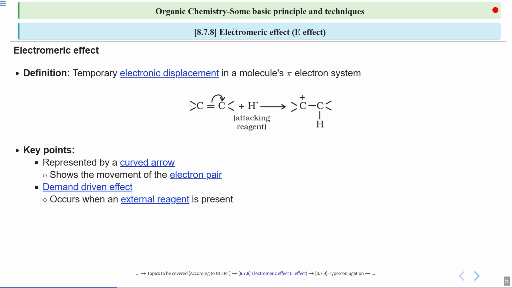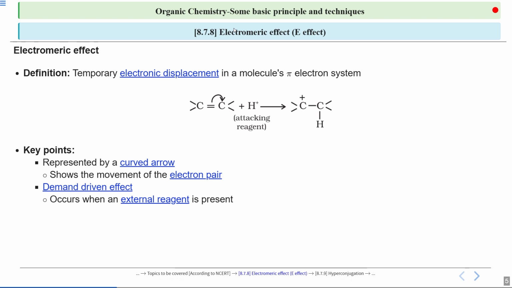Next, why are we calling it a temporary effect? To understand this, notice one important thing: this movement of the pi bond is only driven when there is an attacking reagent, and that is a proton here. So you need an external factor to drive the movement of electrons. If this external factor is not present, the movement of electrons you are seeing right now will not be observed.